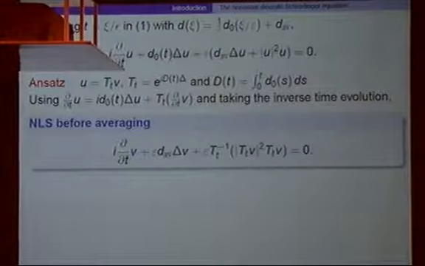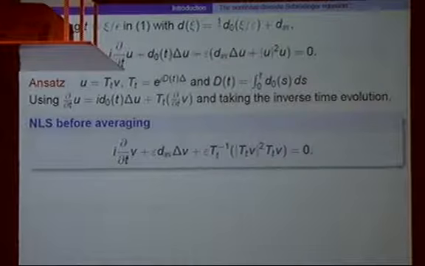Rigorously, you can use the Fourier transform, find the solution and then come back, and you get the same situation. Then what we get here is, since this is i times this one, we have negative d sub 0 of t Laplacian of u, which cancels this one.